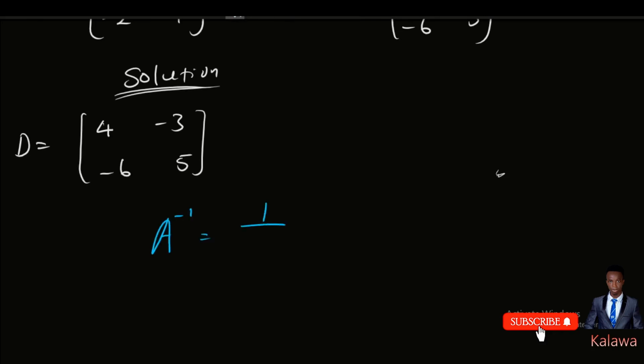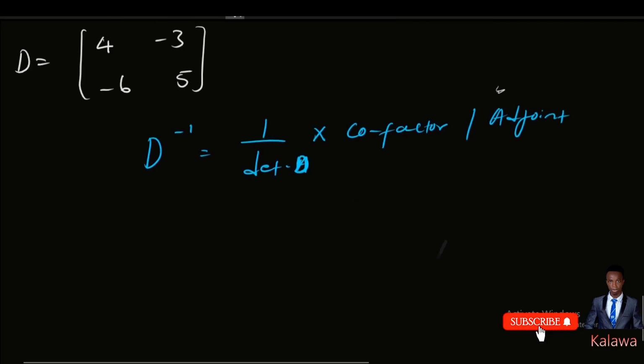A inverse must equal 1 divided by the determinant of A. But in this case, we are dealing with D, so D inverse is multiplied by the cofactor, or the adjoint.